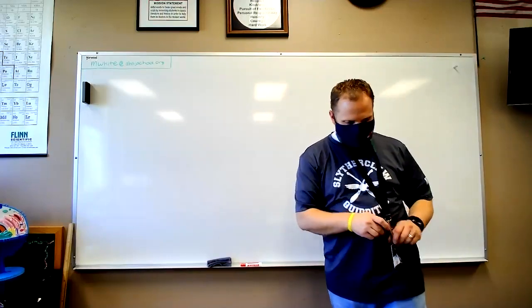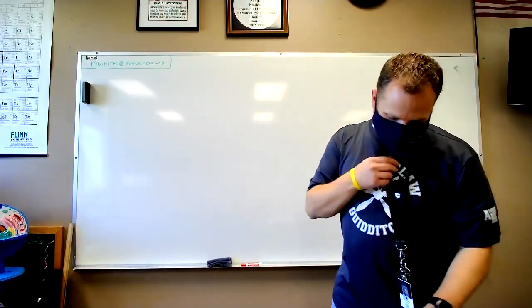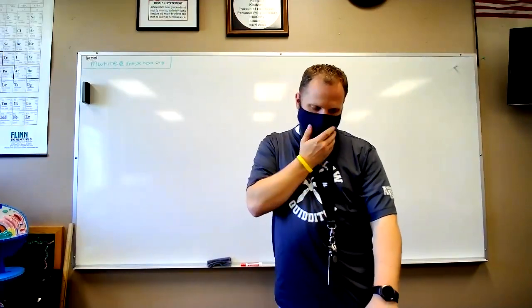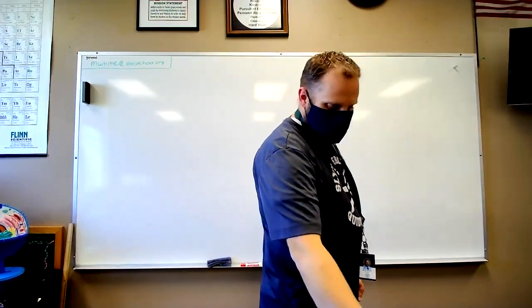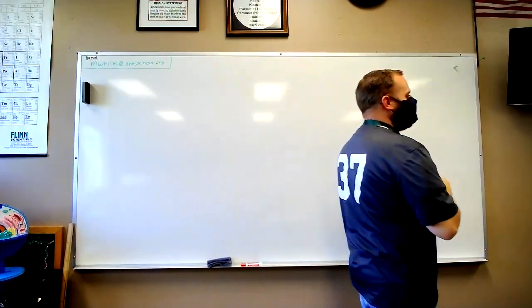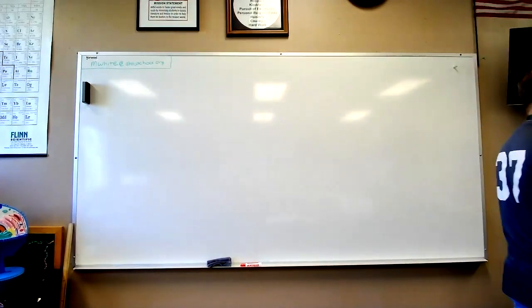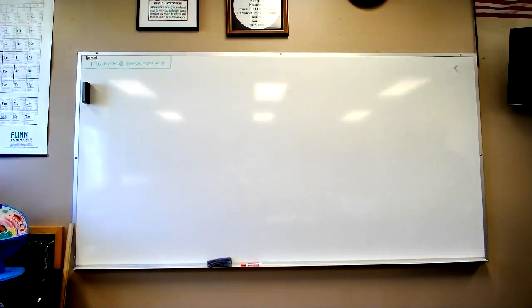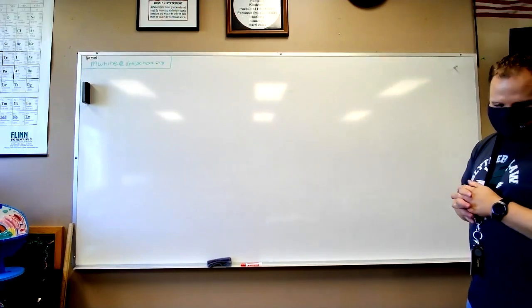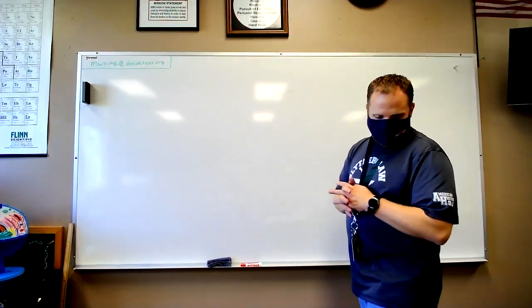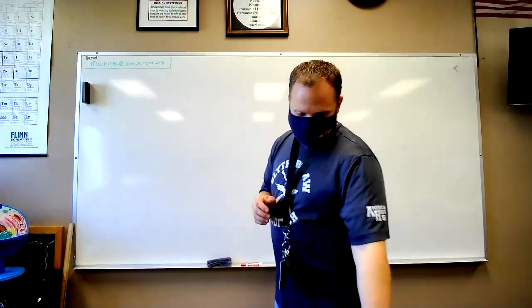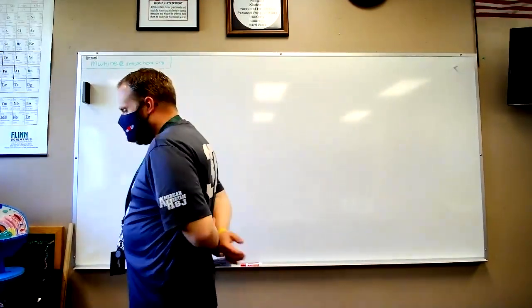So let's start moving into some new material. Section 3 is all about different patterns that we see in the periodic table. Now, the first thing that it talks about is atomic radius.